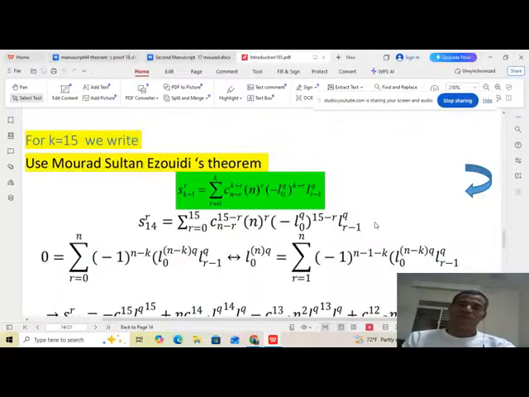You can expand for k equals 0 up to k equal 15, and simplify. Also, this one is another formula that I invented, but I didn't find time to explain. One time I will do it, inshallah. This is a very important formula also.